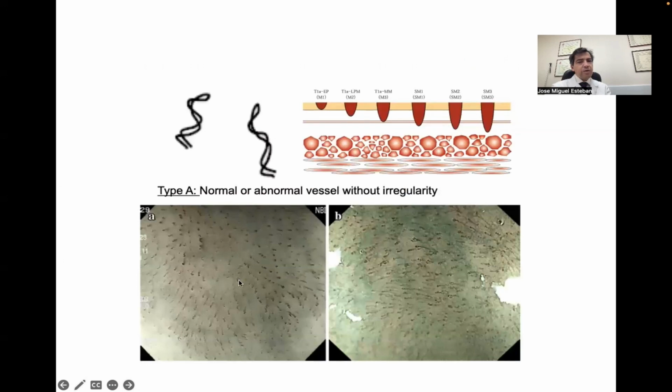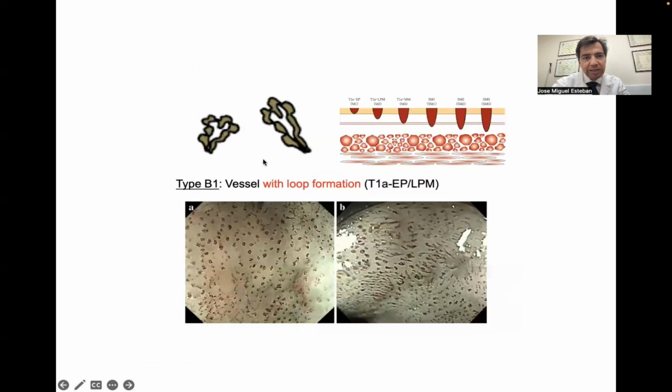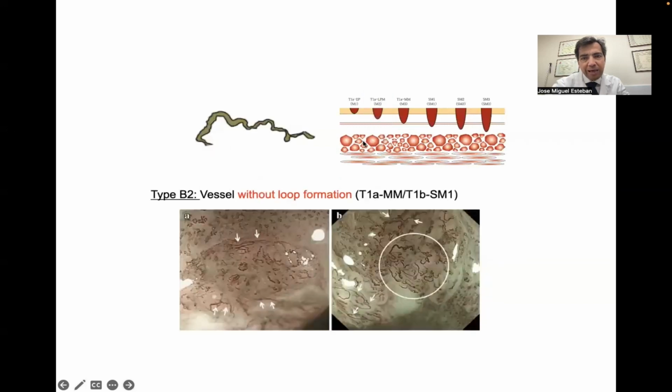You will see here the examples. Normal type 1, and type 1 in M1 or M2, will be like this. In type 1A, when there are vessels with loop formations, which is a B1, like you can see here, the lesion goes deeper in M2 or muscularis mucosa.